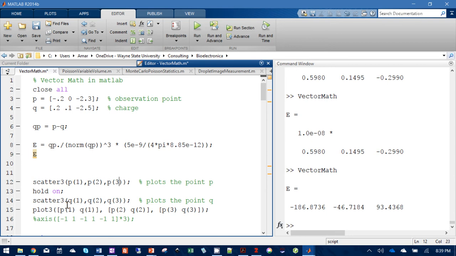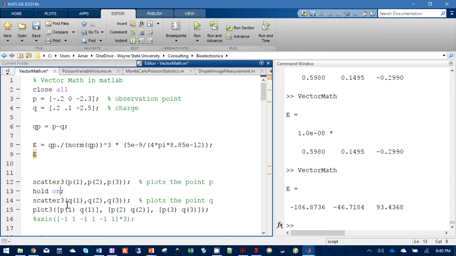So x comma y comma z. That's why we're putting in P with the parentheses 1 around it, which means the first element of this vector. The vector P contains the x, y, and z coordinates. So the first element contains the x coordinate, the second element contains the y coordinate, and the third element contains the z coordinate.